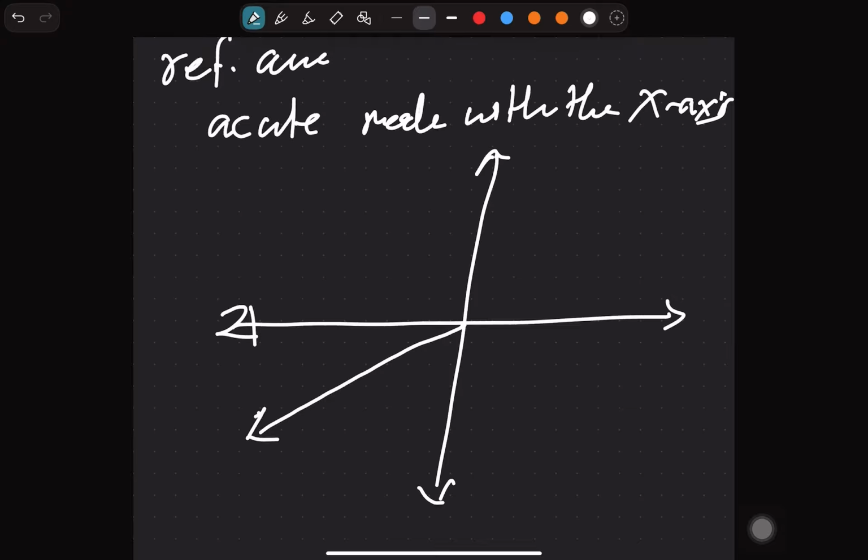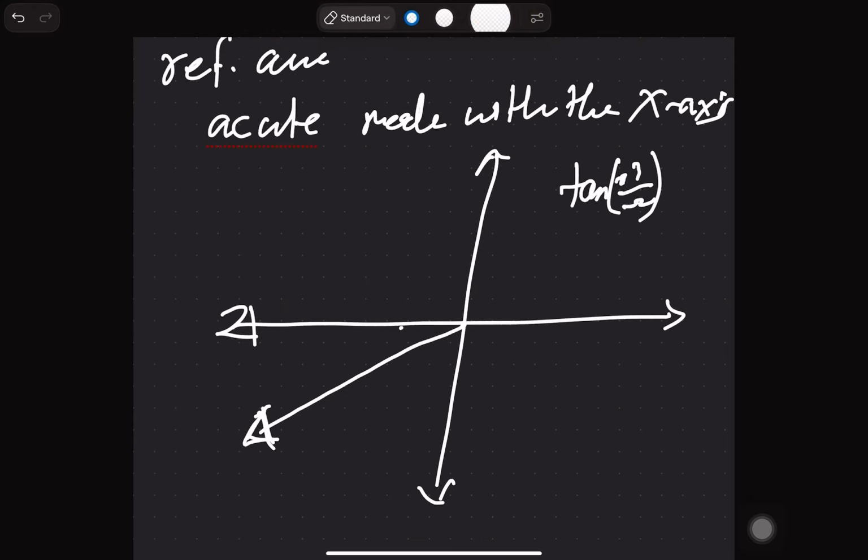So in our case, where the complex number is here, after solving for tan inverse of -3 over -2, we are getting 56. So we use the positive values. In computing the reference angle, you use the positive values to solve for it.